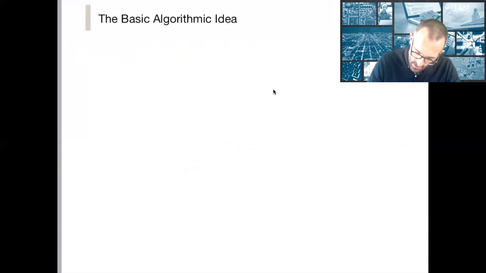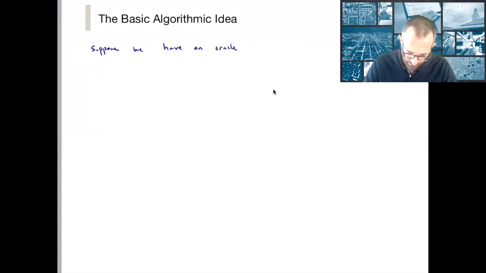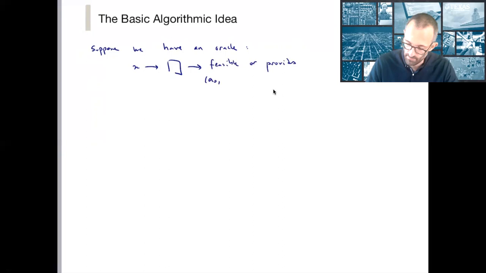Suppose, first of all, that we have an oracle, and this oracle takes a point x and reports that it is feasible or it provides a violated constraint, which I'll just denote by a0, which is the vector, and b0, a constraint violated by x.